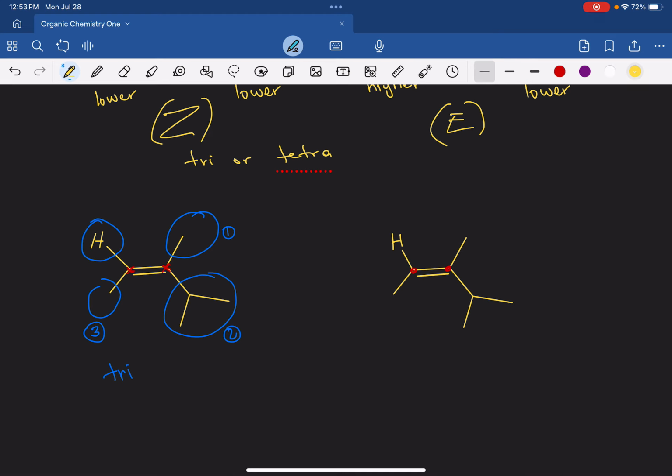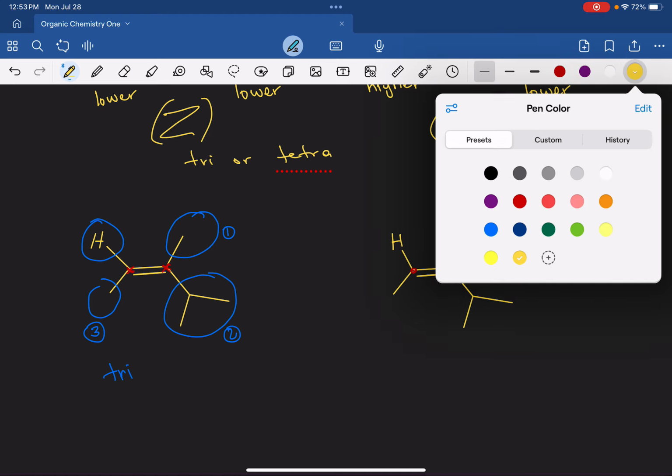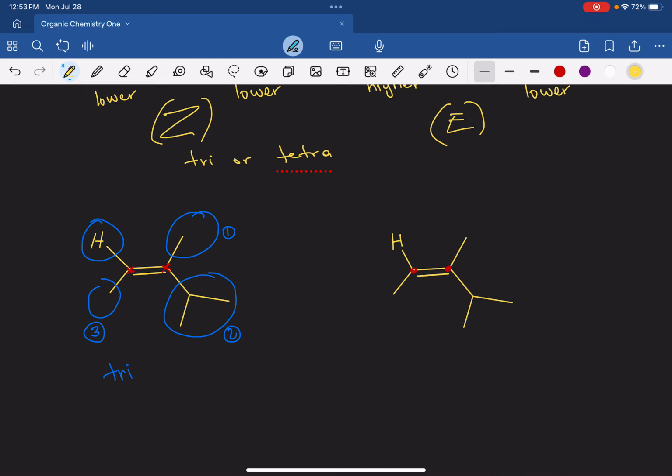Once I'm finished with this side, then I can move over here to assign priority. So do each side of the carbon-carbon double bond. You're comparing this to figure out which group, either the one at the top or the one at the bottom, has the higher priority. This is how you do that. Here's my carbon of the carbon-carbon double bond.